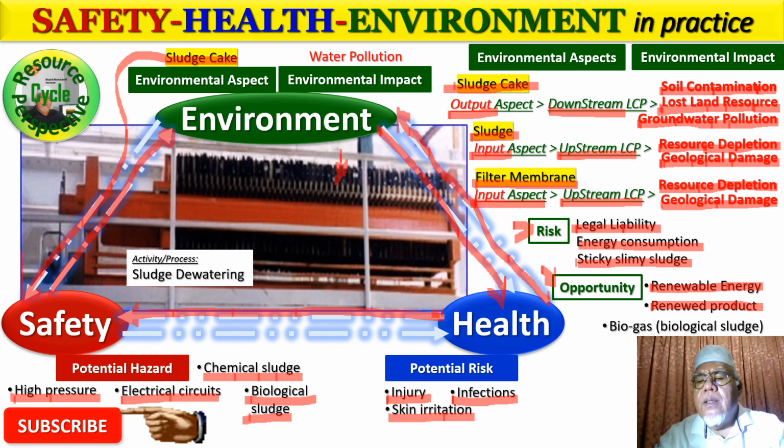And on top of that, there are some success stories as well with regard to biological sludge, especially that coming from sewage treatment plants. They were able to get enough calorific value in the sludge to successfully produce methane gas, biogas, from sludges originating from biological processes, including sewage treatment plants and other biological processes in the industrial sector. Such a success story. To all these people, I have a high salute for you.